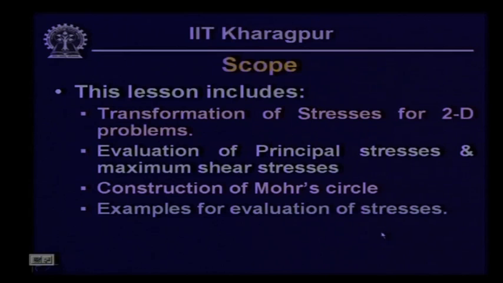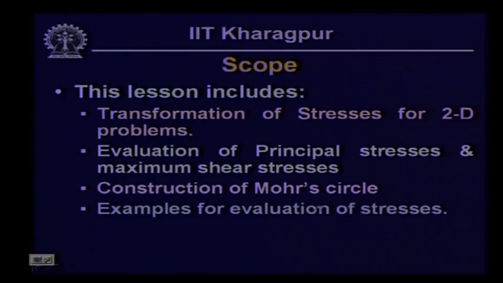Hence, the scope of this particular lesson is the derivation of the transformation equations for evaluation of stresses for two-dimensional problems, evaluation of principal stresses and maximum shear stresses, and construction of Mohr circle.